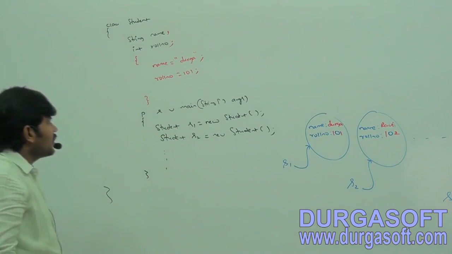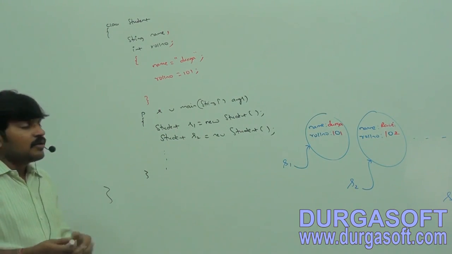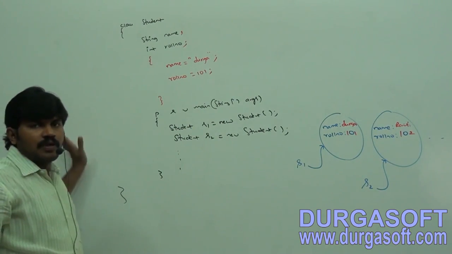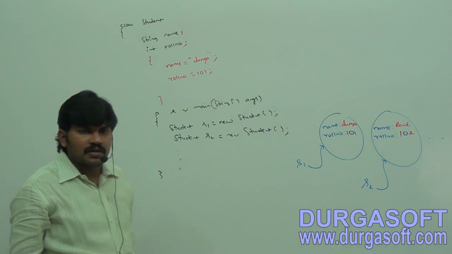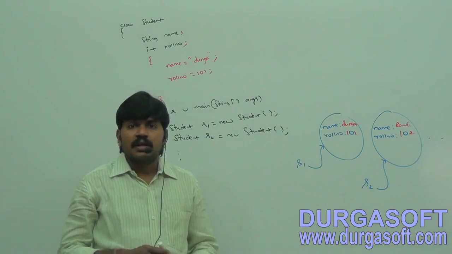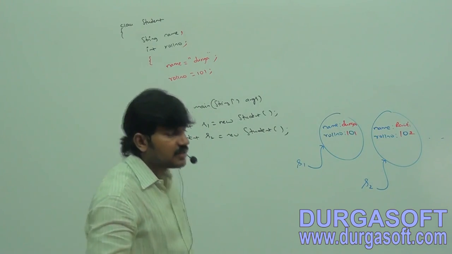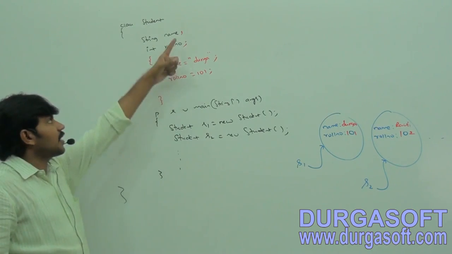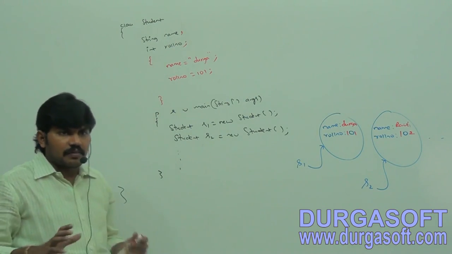Sir, is it recommended or not recommended? Not recommended, because for every object the same thing is going to be executed, all students having the same name and the same roll number is meaningless. That's why it is never recommended to perform initialization for an object inside the instance block. Sir, at the time of declaration not recommended, inside the instance block not recommended, right?